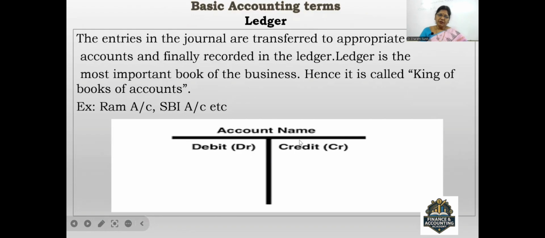Here we wrote the account name, no? In this place we will write machinery account, and whatever comes on the debit side we write on the debit side, and whatever comes on the credit side we write on the credit side. So the ledger is the most important book of the business. Hence, it is called the king of books of accounts.